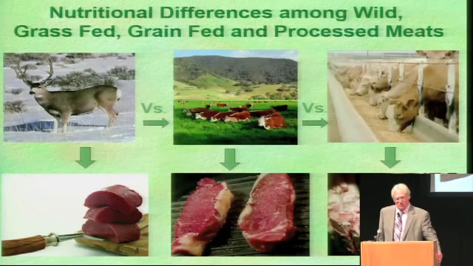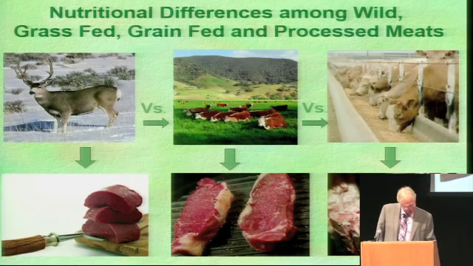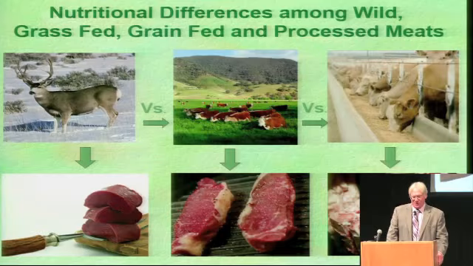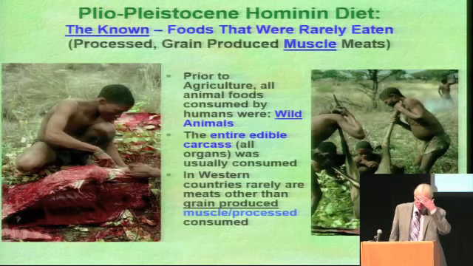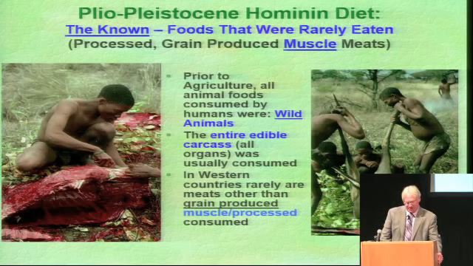Okay, so we ate wild animal foods, which it's really not practical to do anymore, but what are the changes that occur in the nutrient content of animal foods as we go down the line here, from wild to grass-produced to grain-produced? Our ancestors ate everything. They ate the entire carcass, whereas what we eat is simply the muscle meat.